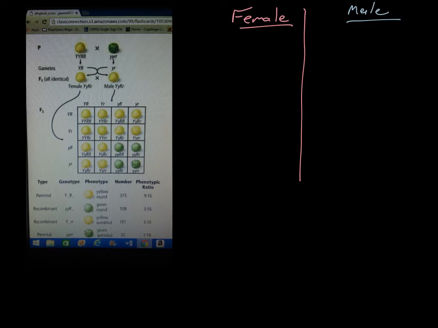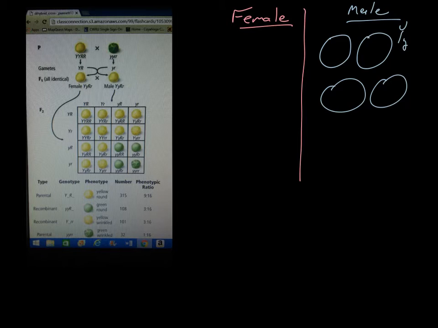I said plant, so I guess I shouldn't be speaking about sperm, but when we're talking about these gametes, what are the 4 possibilities? I'll go ahead and talk about humans: what could these 4 sperm possibly be? Think about crossing over. It's random. So you can get big R with little y and big Y with little r. There are all kinds of possibilities, but really there's only 4.